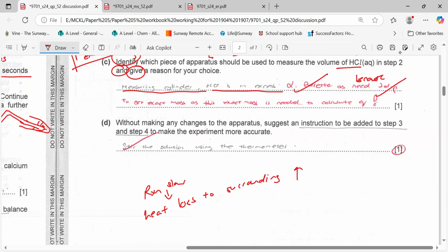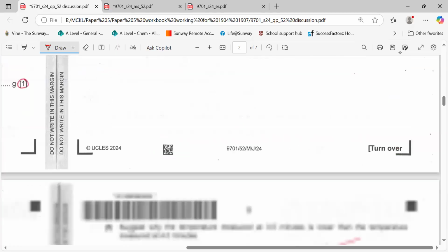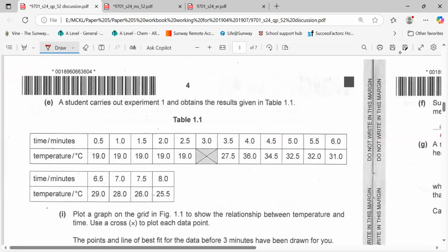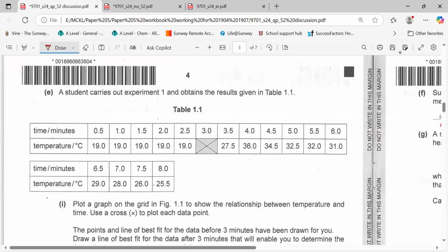Therefore, the number you calculate will be very different compared to the theoretical amount. So in other words, to increase accuracy, you want to increase the rate, because increasing rate will have less heat loss to surrounding. That is a legit answer.